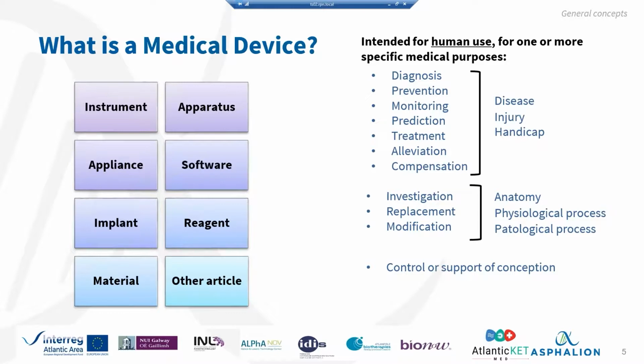And for one or more specific medical purposes. Okay, it can be used for diagnosis, for monitoring, for treatment, for investigation, for replacement or modification of diseases, injuries, handicaps, replacement of parts of anatomies, parts of pathological processes, and also it includes control of or support of conception.